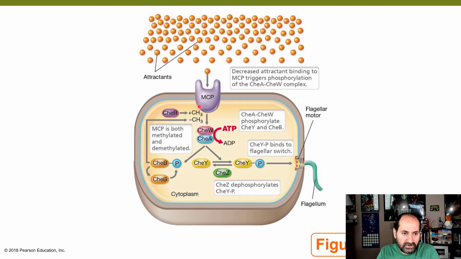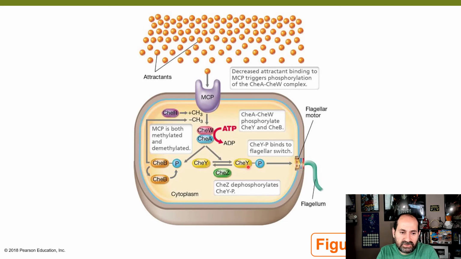So what happens is CheR is constantly methylating MCP, but phosphorylated CheB can demethylate MCP. So when the attractant is low, remember, this activates MCP to phosphorylate CheA.